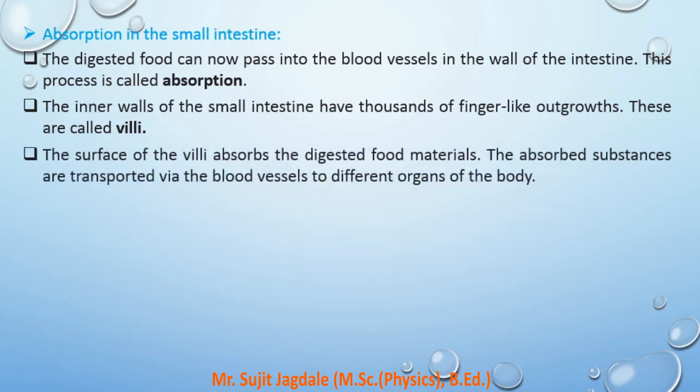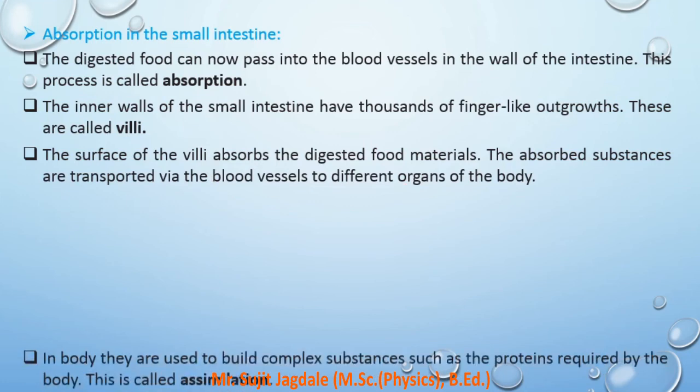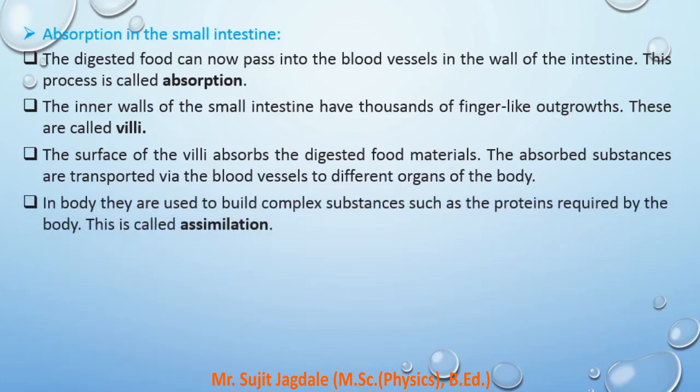The surface of the villi absorbs the digested food material, and these absorbed substances are transported to the different organs of the body. Now in the body they are used to build complex substances.